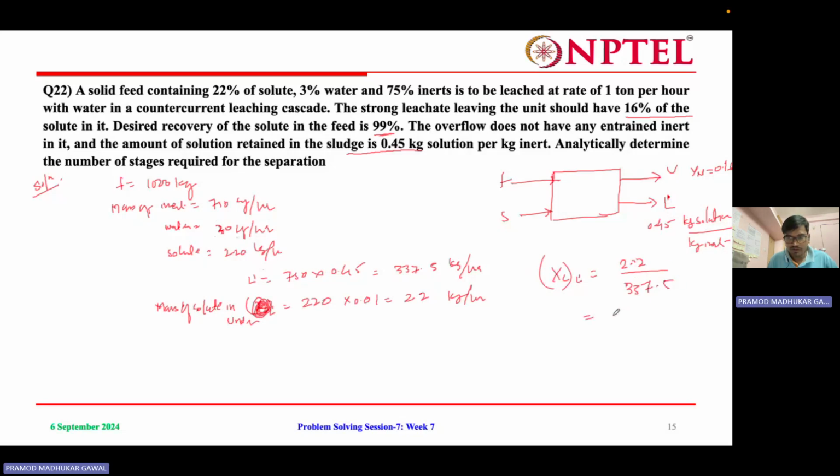This is 0.00652, the mass fraction on the solid bed, that's considered X1, right? And YN, here the strong leachate leaving the unit should have 16%.